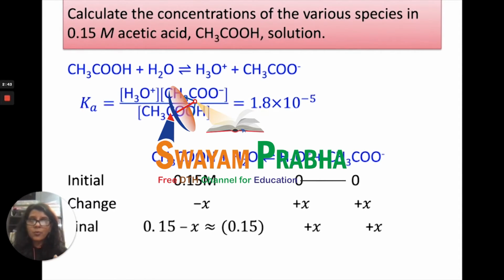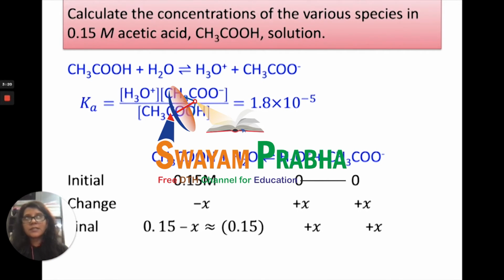See, when your value of Ka is 10 to the power minus 5, you have the liberty of choosing whether you want to solve it quadratically or you want to take the approximation. When your value of Ka is more than 10 to the power minus 5, let's say 10 to the power minus 3 or minus 2, then you will have to solve it quadratically to get the values of X. If your value is lower than 10 to the power minus 5, that is 10 to the power minus 6, 10 to the power minus 7 and so on, then you are at liberty to solve by ignoring the quadratic expression.